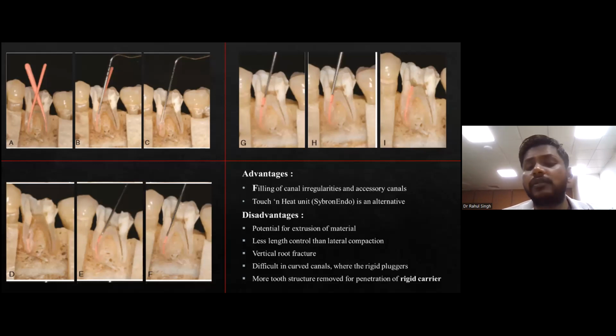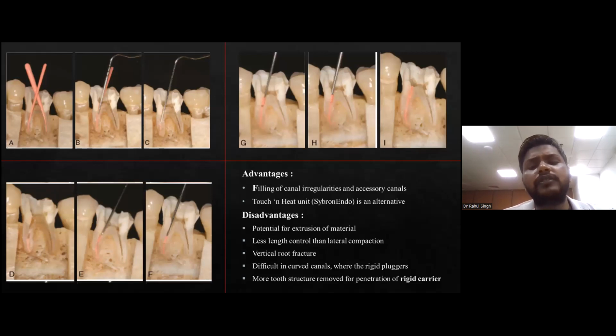There are chances of vertical root fracture if you put forces that are not confined within limits, and it is difficult in curved canals because the plugger is really straight. So the plugger will go only up to the junction of the middle and the apical third. If the canal is really curved, more than 40, 50, 60 degrees, it's very difficult in those areas.